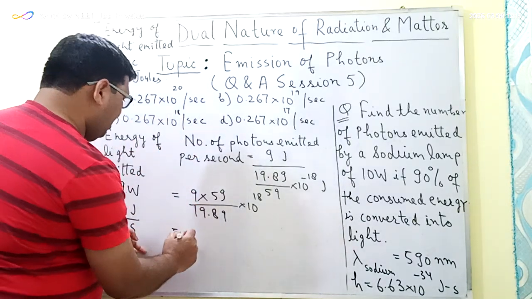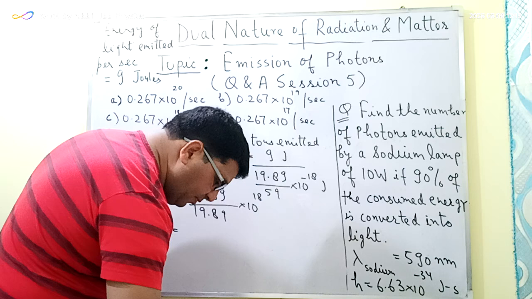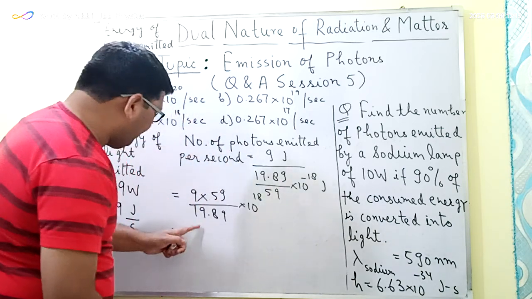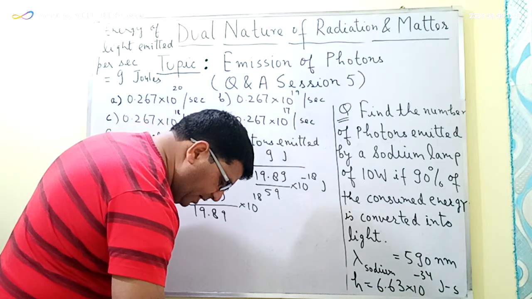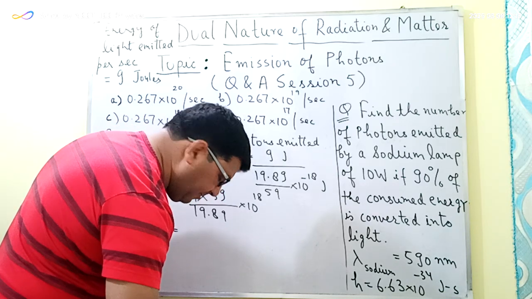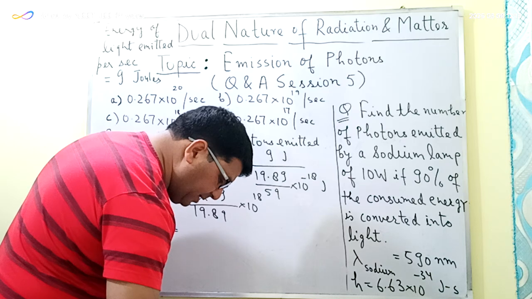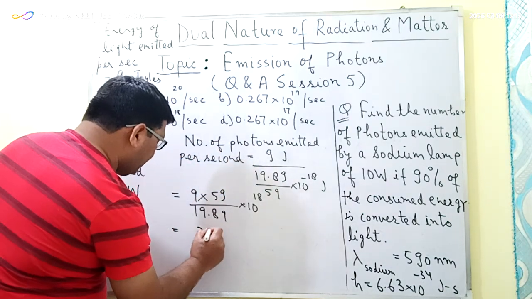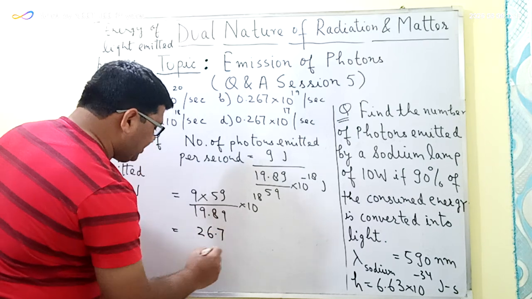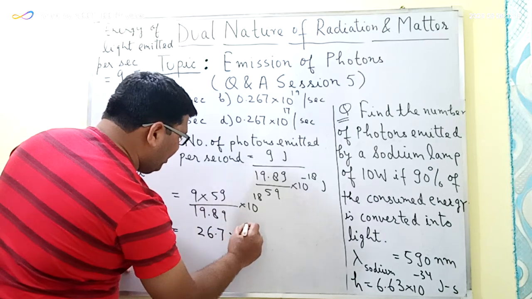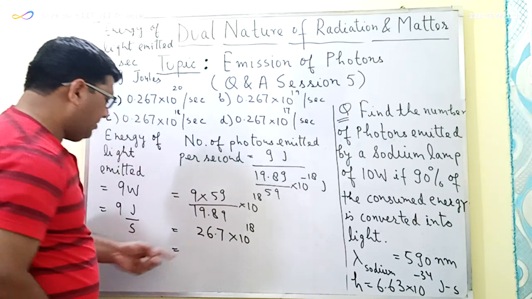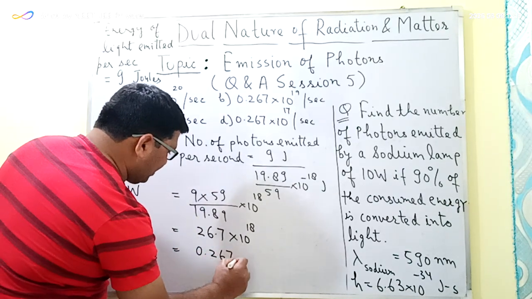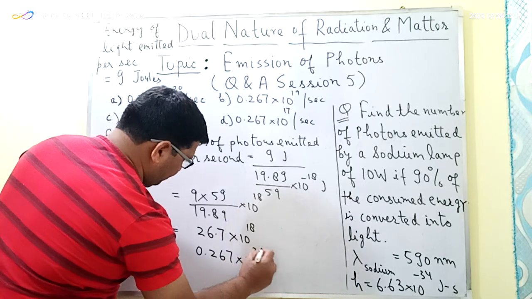So this will be 59 into 9, which is equal to 531 divided by 19.89. This is approximately equal to 26.7 into 10 to the power 18, or simply we can write this as 0.267 into 10 to the power 20.